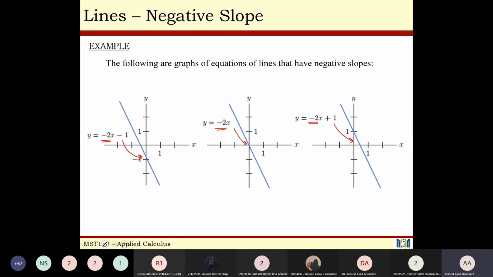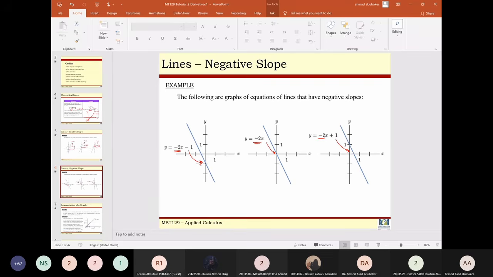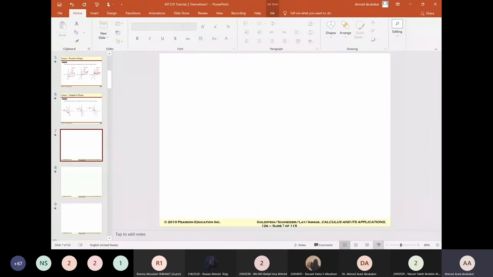I need a new slide to put the 4 cases for the line.